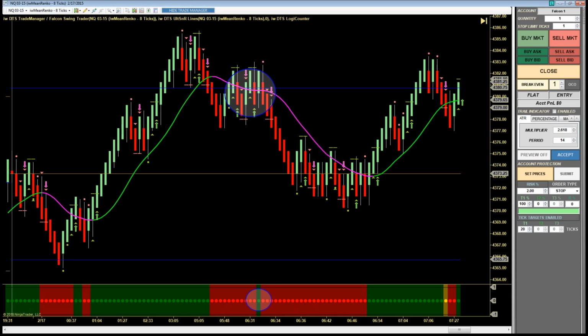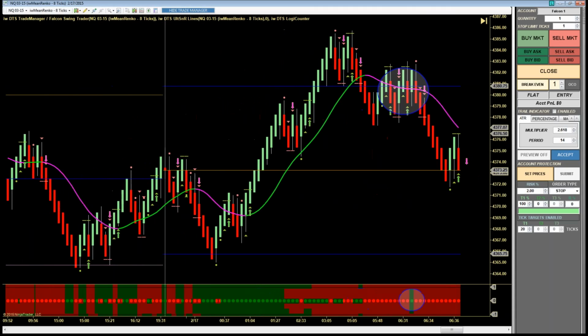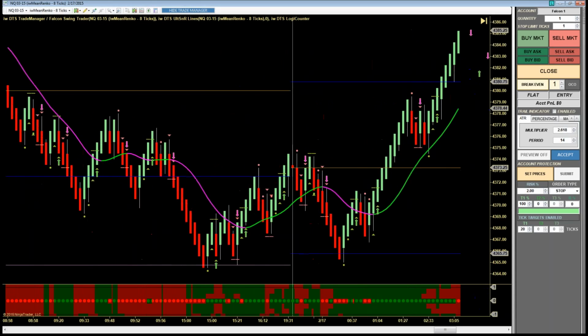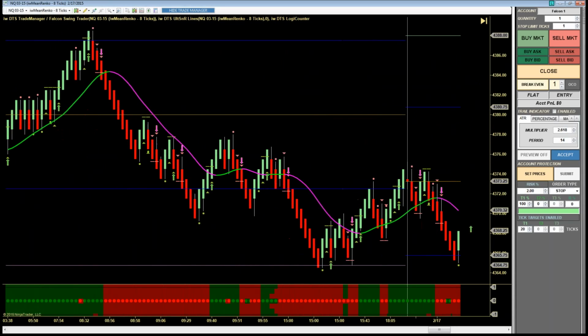Here is a very high probability signal in the Falcon. We call this our late filter entry because what happens is the filter goes out of sync, but the rest of the trade does not. In particular, our trend line. Our trend line stays red, our filter waffles, goes green, then red, and then we print a sell signal.